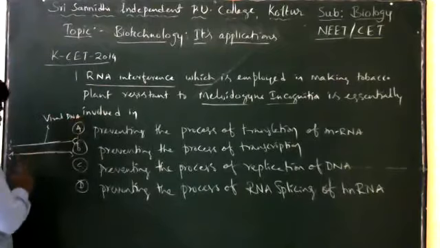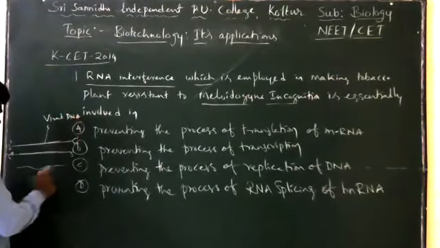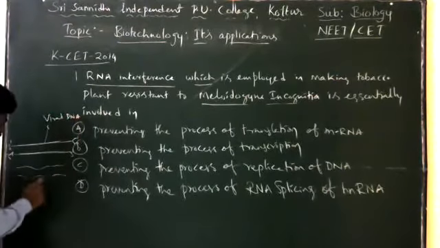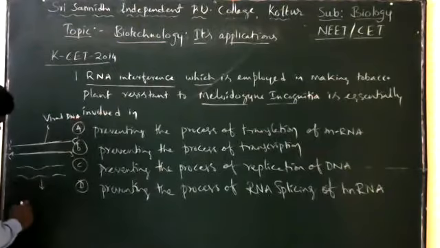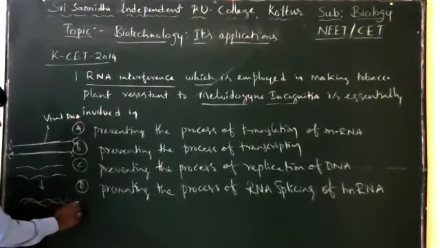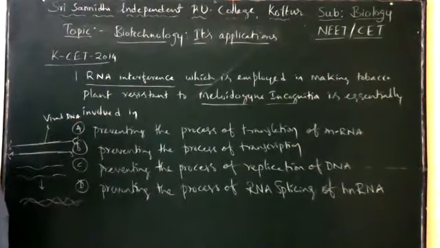This viral DNA produces two mRNAs, and these two mRNAs are converted into double-stranded RNA.